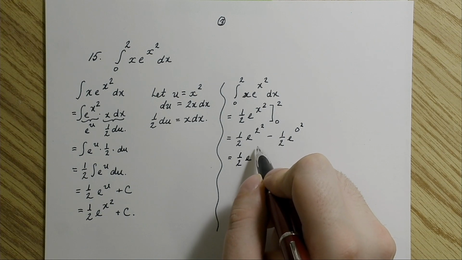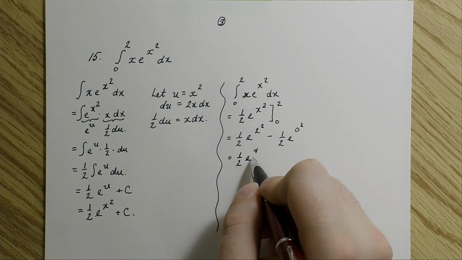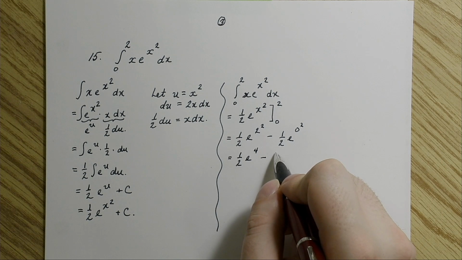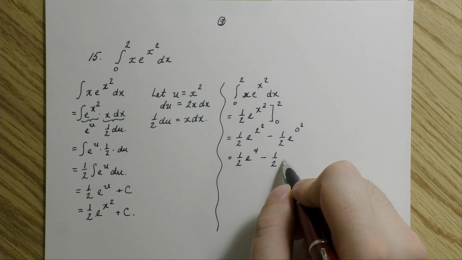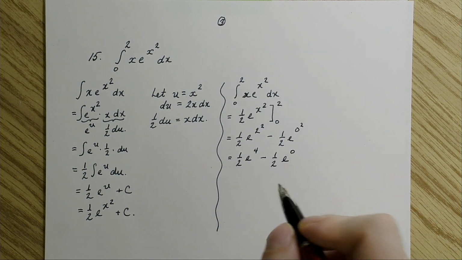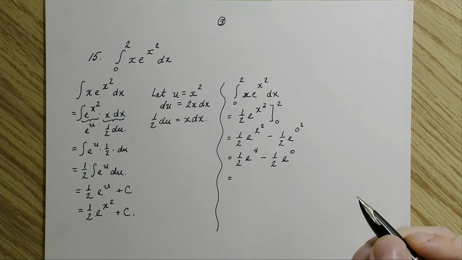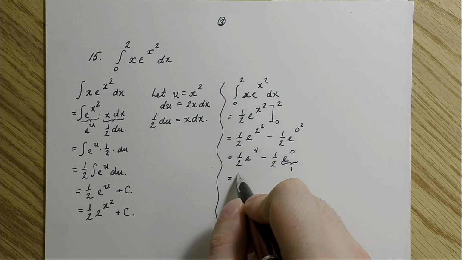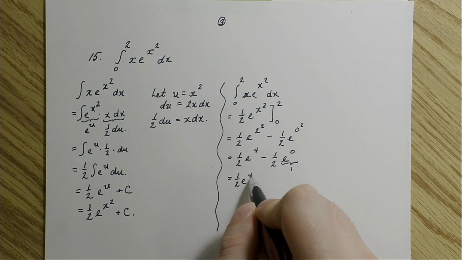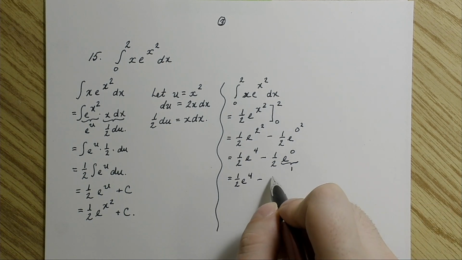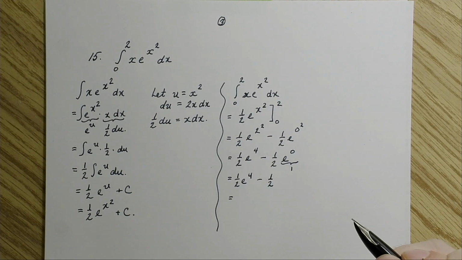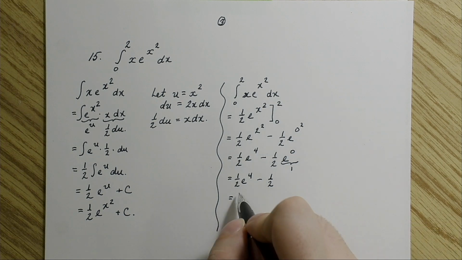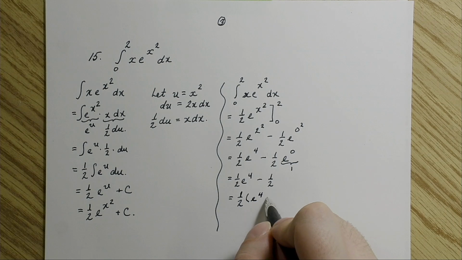So 2 squared gives me the 4, so I have 1/2 e to the 4th minus 1/2 e to the 0. e to 0 is 1. So I have this. And then I can factor out the 1/2, so I'm left with 1/2 times e to the 4th minus 1.